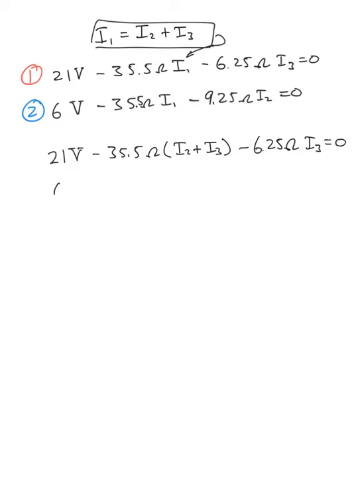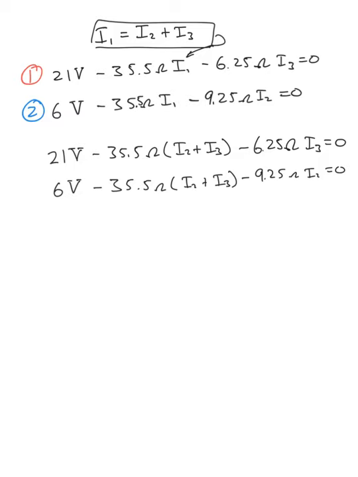And I'm going to do the same thing with my second equation, 6 volts minus 35.5 ohms multiplied by I2 plus I3, minus 9.25 ohms multiplied by I2 equals 0. So now I can solve, for example, the bottom equation for I2 in terms of I3, and then plug that expression for I2 into the top equation, and I can get an equation that depends only on I3.